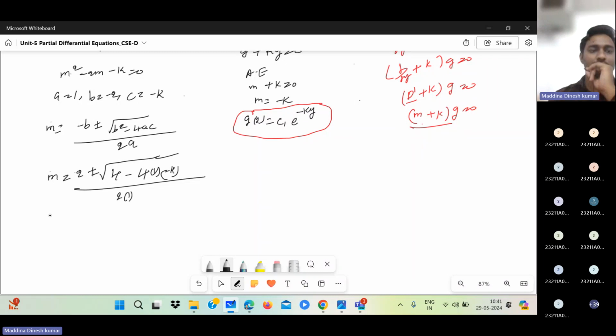So m equal to 2 plus or minus square root of 4 plus 4k by 2.